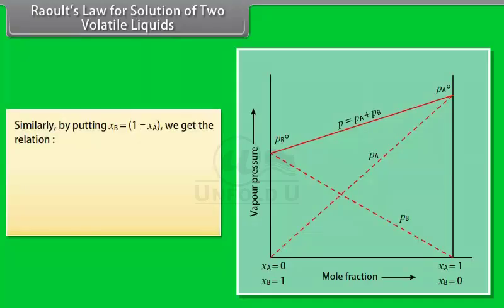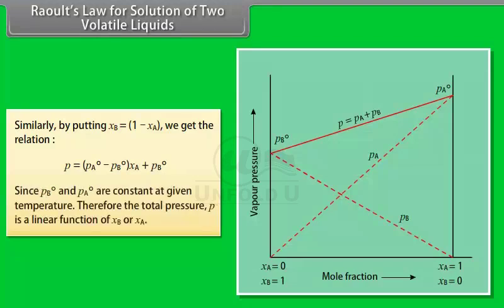Similarly, by putting XB equal to 1 minus XA, we get the relation P = (PA⁰ − PB⁰) XA + PB⁰. Since PB⁰ and PA⁰ are constant at given temperature, therefore, the total pressure P is a linear function of XB or XA. Ideal solutions.